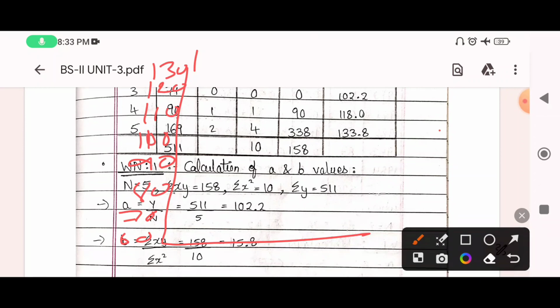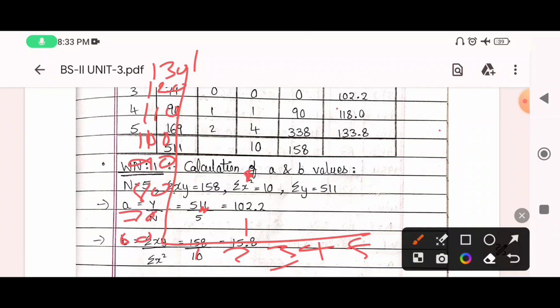Like that you take 1, 2, 3, 4, 5 years data. The first year was around 70 point something, so mark a point there. Next year 86.4 we have got, so the second year point will be after 80 and before 90.